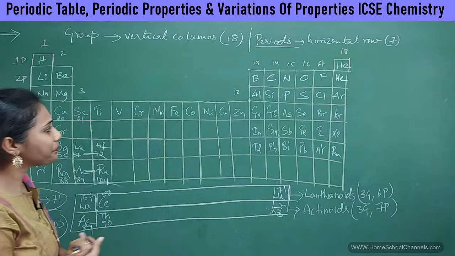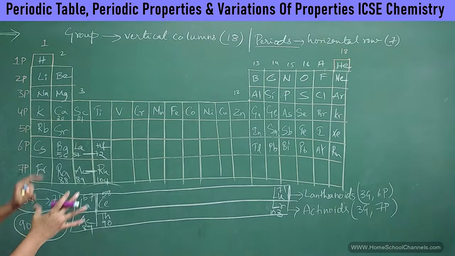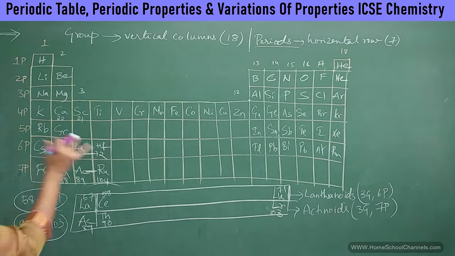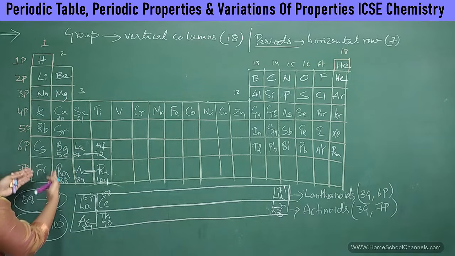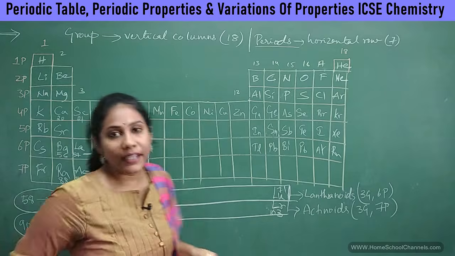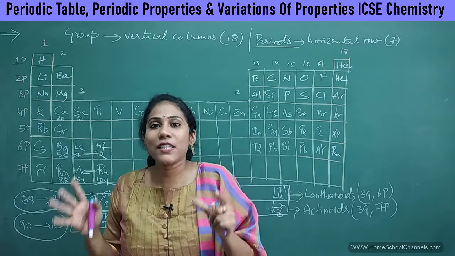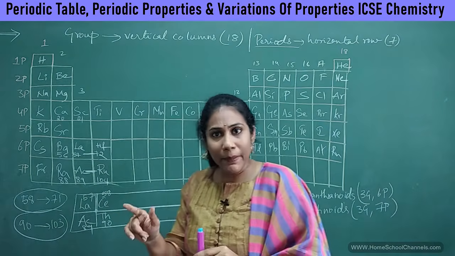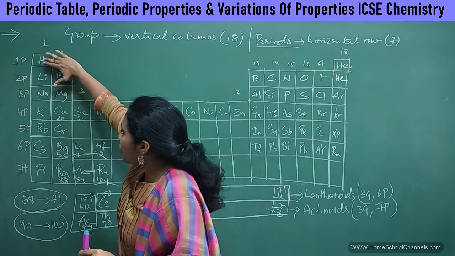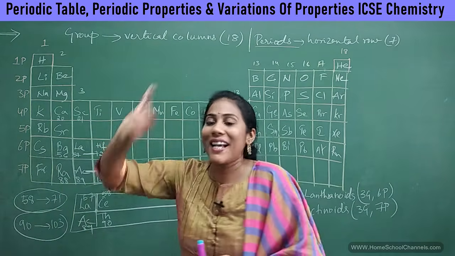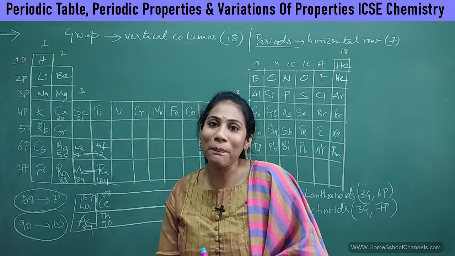So now, let us learn about some different names. Each group is called with one special name in the periodic table. And remember, the elements which come in the same group have the same chemical and physical properties.